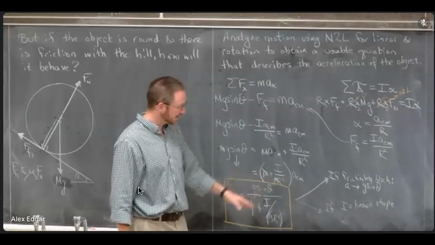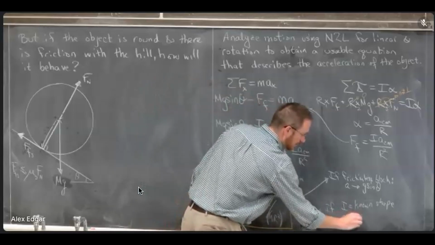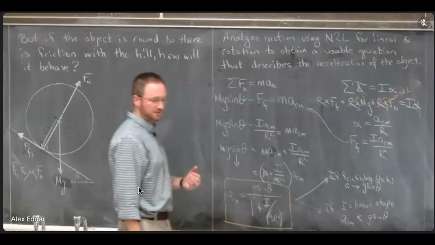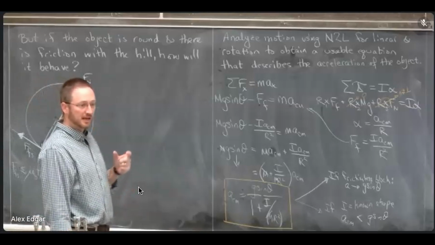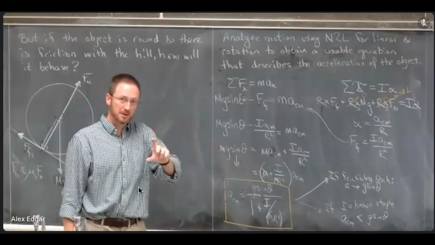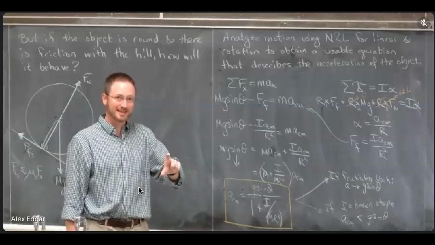What we get is the a center of mass is less than g sine theta. It is some fraction of g sine theta, which, as we talked about yesterday, since it's raised up and rolling down a hill, it will have potential energy. Some of that potential energy gets turned into rotational energy. It's hidden in the spin.